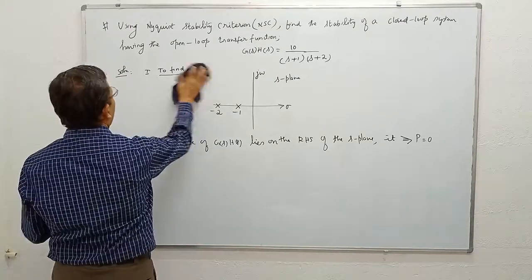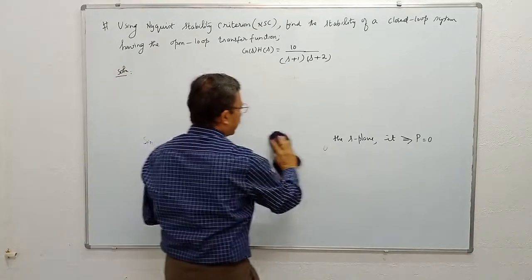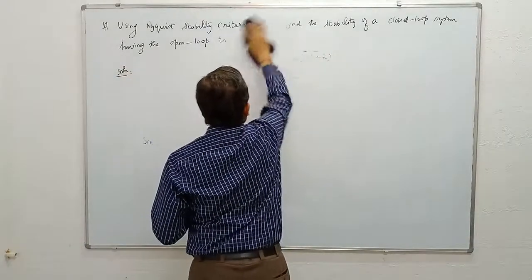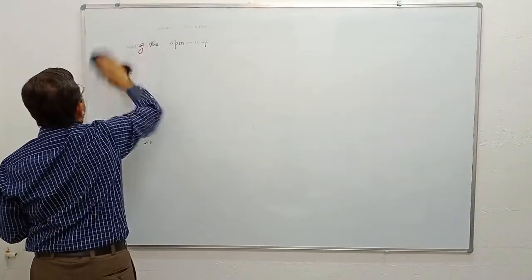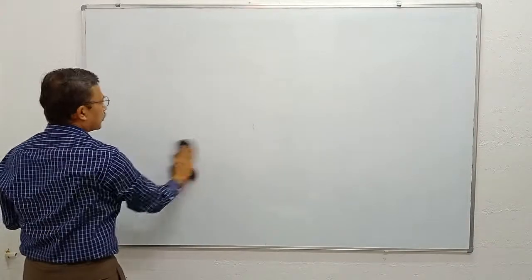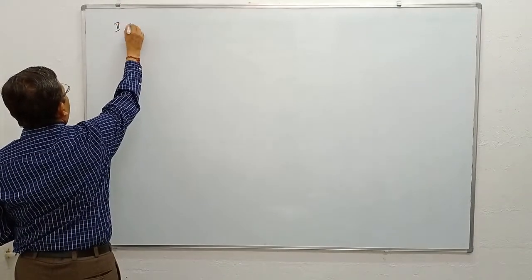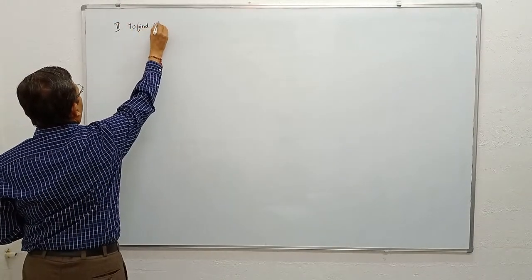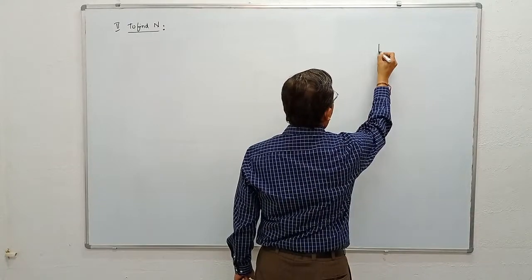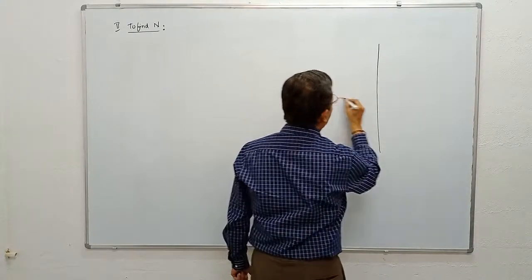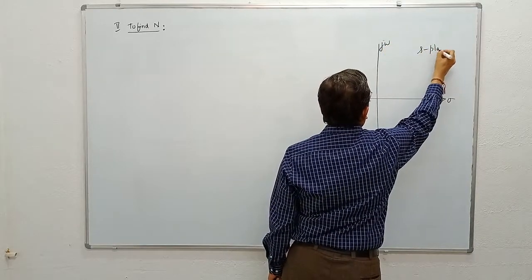Second step is to find N. In Nyquist analysis, the right hand side of the S plane is assumed to be inside a semicircle of radius equal to infinity.